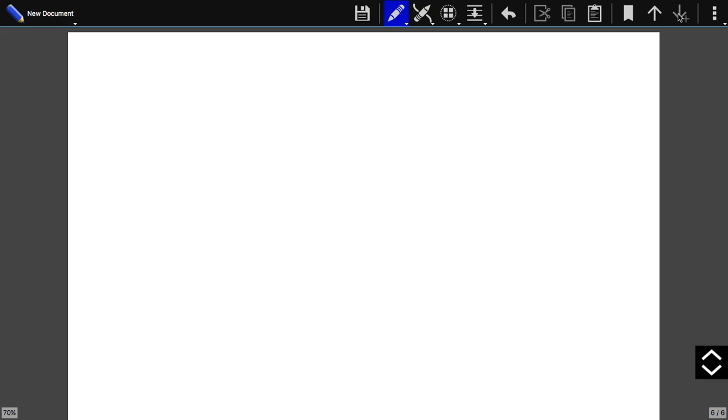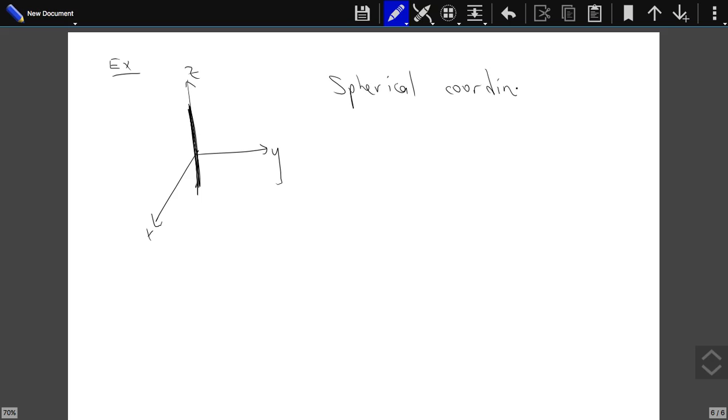Well, let's do the same in spherical coordinates. This time it is r, theta, and phi.